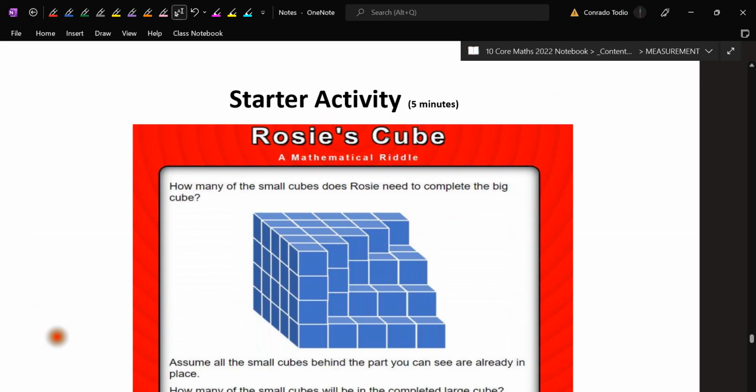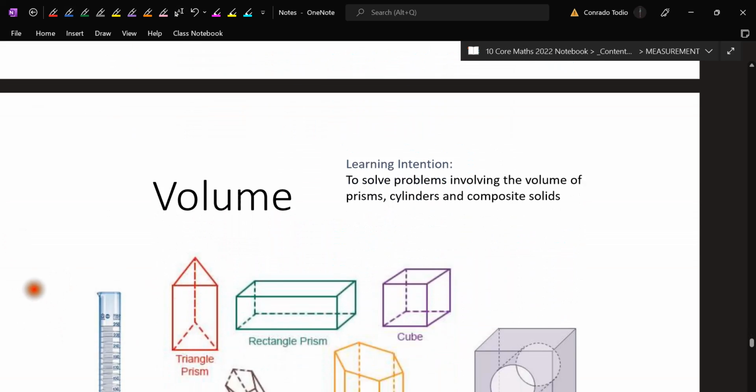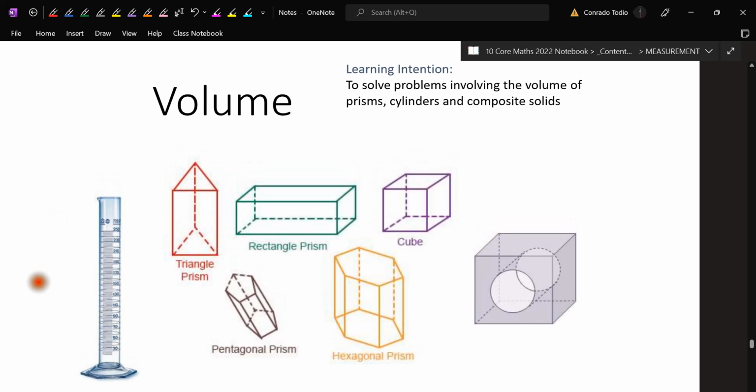We're not going to do some of these starter activities because there's a link that you need to look into. But basically, if you look at these shapes, we've seen some of these before. You've calculated the surface area of a triangular prism, a rectangular prism, a cube. You've also done surface area of a cube with a hole in the middle.